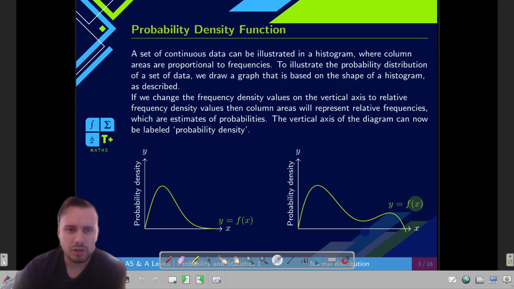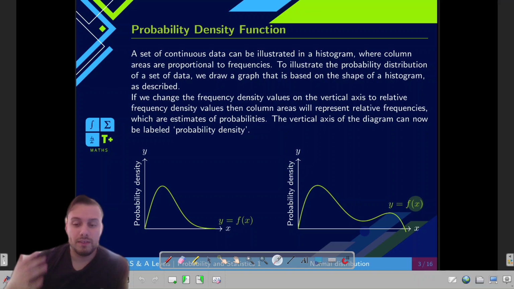We're not going to be working with the functions themselves, but you need to understand that these continuous variables have a function, a graph, that we can use to show probabilities in some way. We're not going to get deep into what these functions mean.